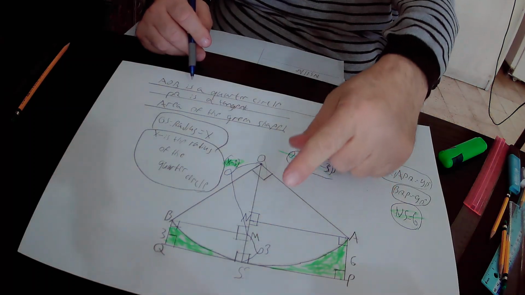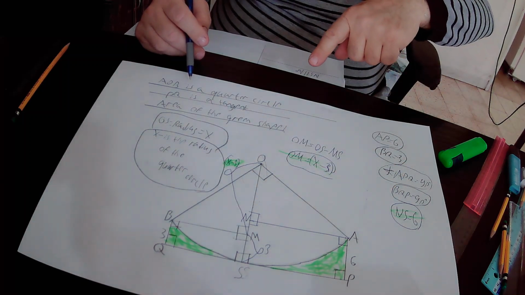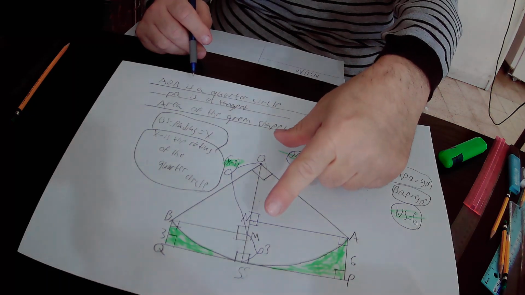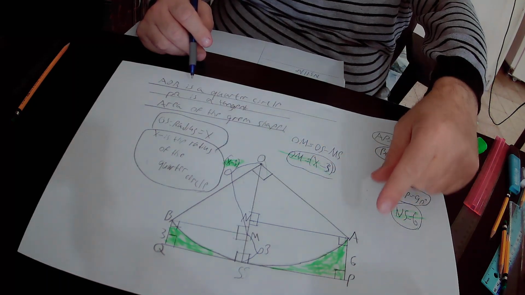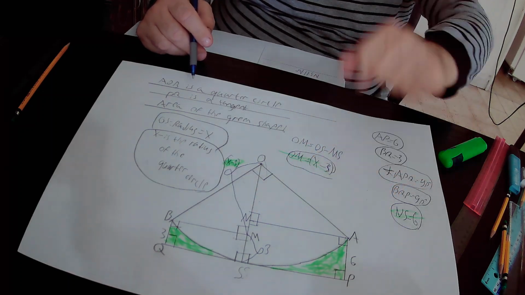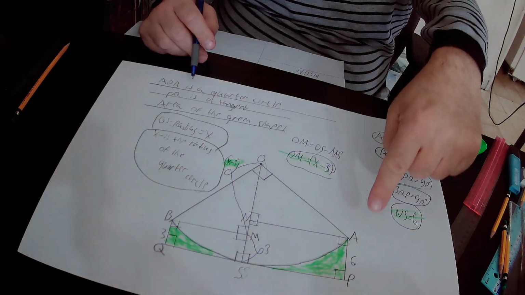NS is part of the straight line OS. So part of the straight line OS is parallel to AP. Therefore, the straight line OS itself must also be parallel to AP. Okay, so the straight line OS is also parallel to AP.